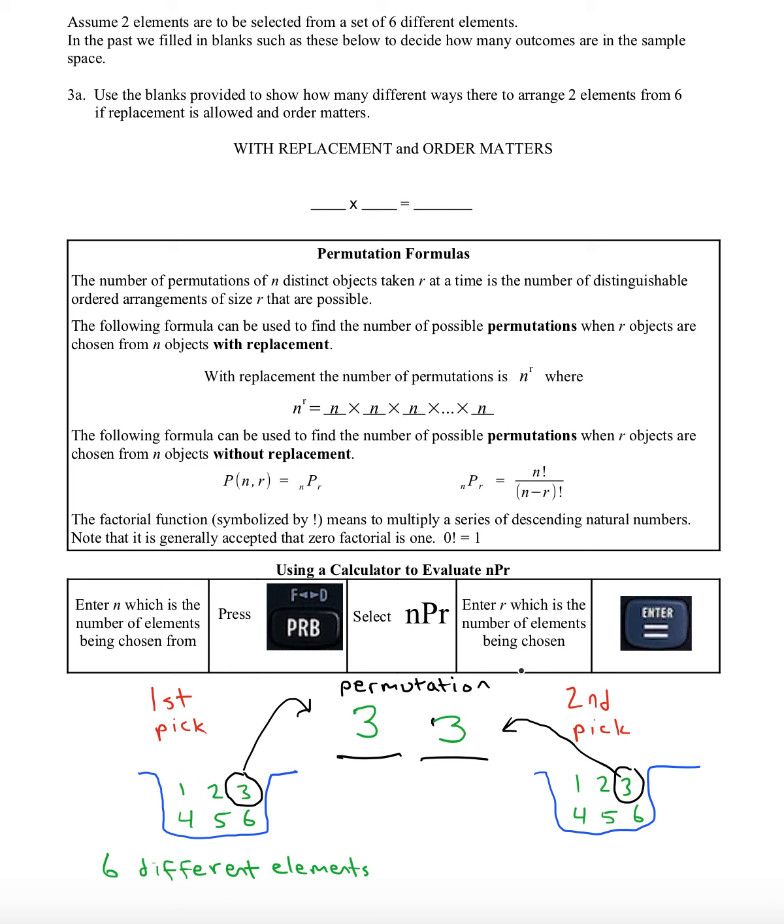Now, how many different possibilities are there? 6 ways the first one can be chosen, 6 ways that the next one can be chosen, 36 possible distinguishable permutations. Assuming that the numbers in the hat are different.